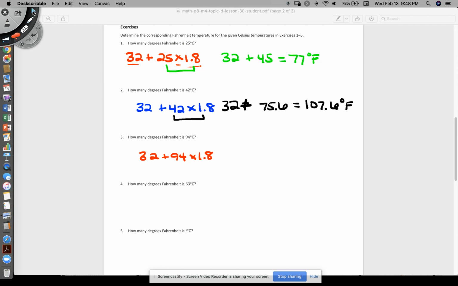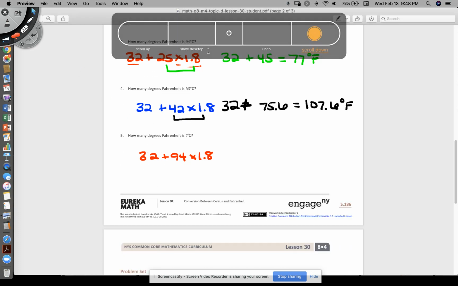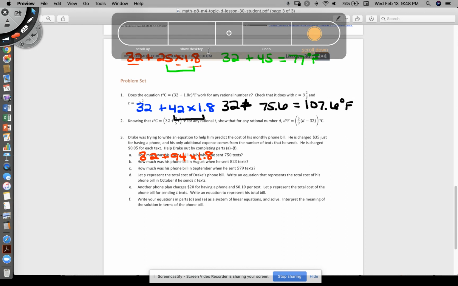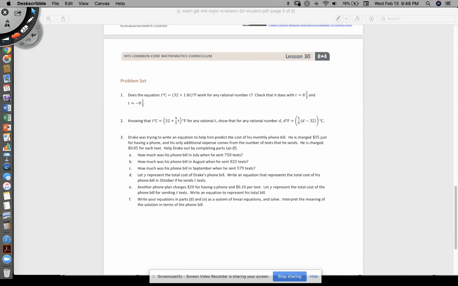Now, if you would look real quick to the back of your worksheet, you have your problem set. Now, we haven't done problem sets in a while, but this is a really good problem set for practice, but it is a lot of work. So this is extra credit for those of us who may need a few extra points.